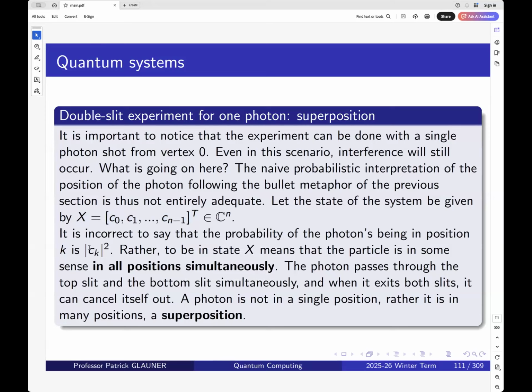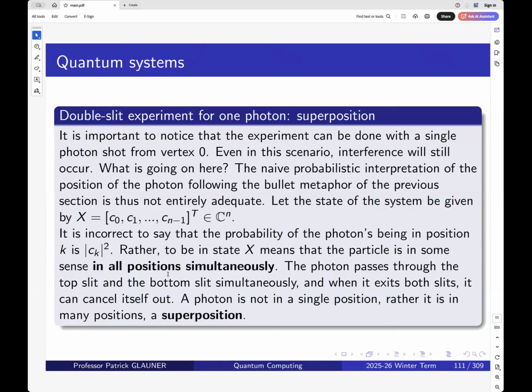So we could, for example, say we have some entry ck and we calculate ck modulus squared, which gives us some probability. But that probability from a physics perspective does not mean that the photon is in that position. We could say this before for probabilistic systems, but for quantum systems, we cannot say that this is the probability that it is actually there.